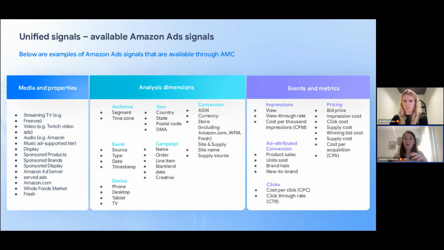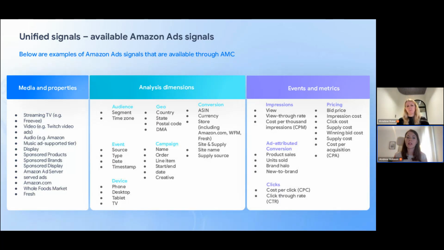If we then look into the group of media and properties, AMC unifies signals across Amazon-owned media and retail channels. Again, there's a full list of these channels: video on Twitch, streaming TV, display, sponsored products.